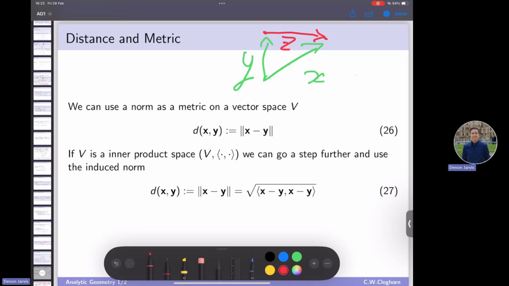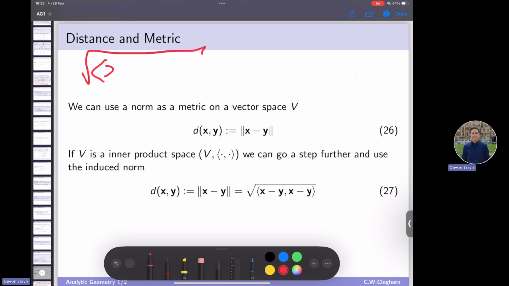I'm just calling it Z for convenience. If you feel comfortable, you can just jump along and go straight to the norm calculation, in which case it's the square root of X minus Y, X minus Y.